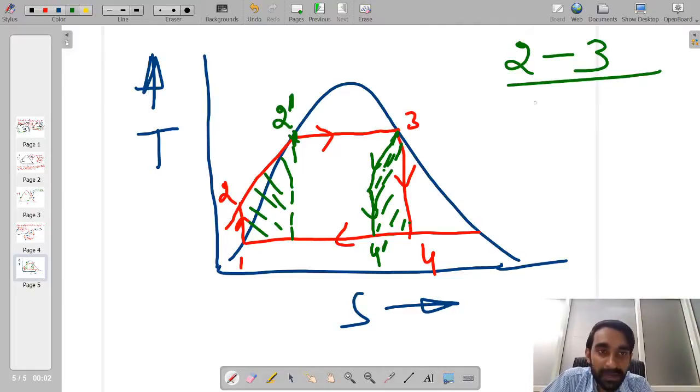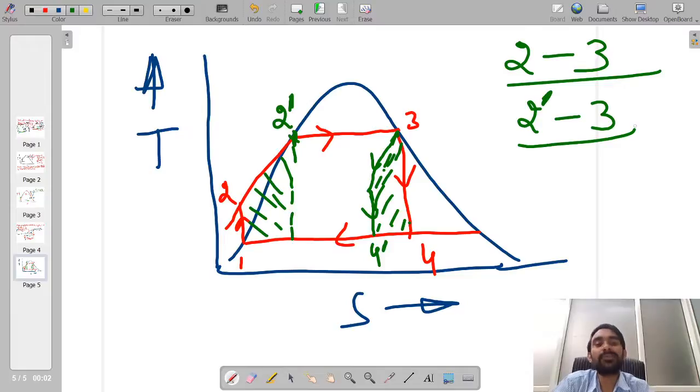And now, after incorporating the ideal regeneration, we have 2 dash to 3 as the process which is happening inside our boiler. So that's why if you compare the mean temperature of heat addition for process 2 dash to 3, that is more in comparison to the mean temperature of heat addition during the process number 2 to 3. So that's why in case of ideal regeneration, there will always be an increase in the efficiency of the cycle.